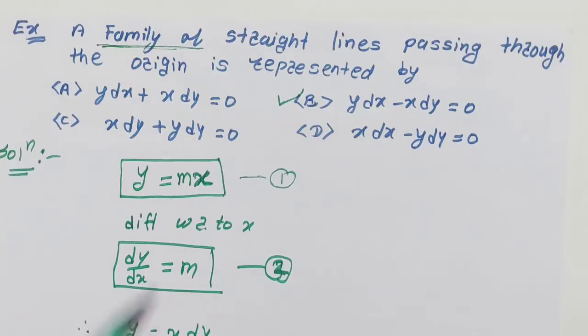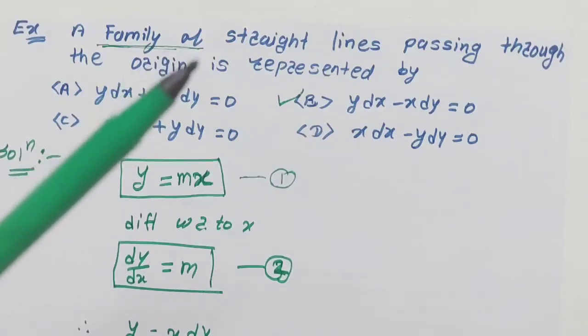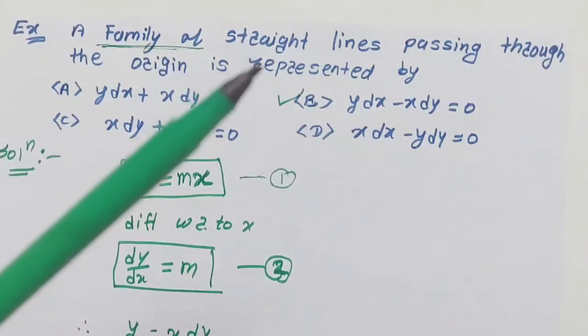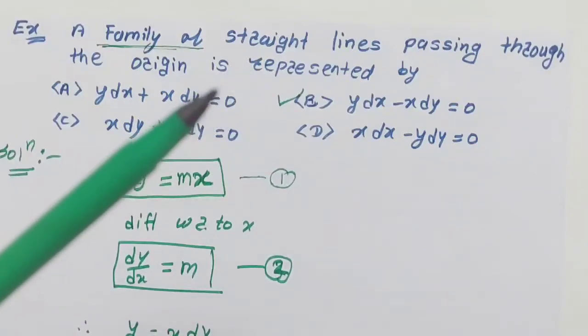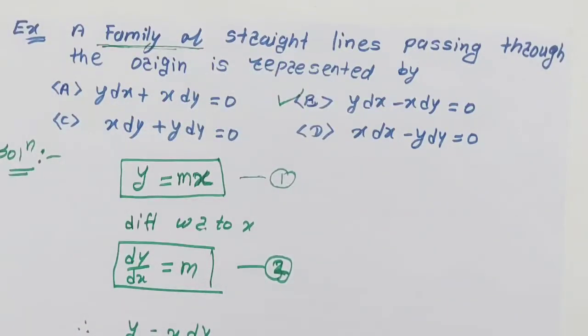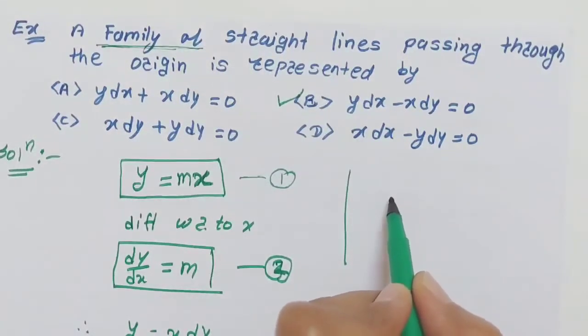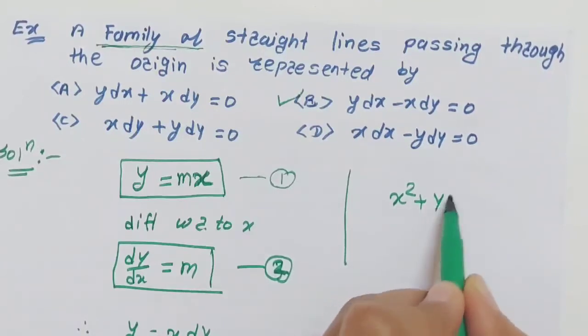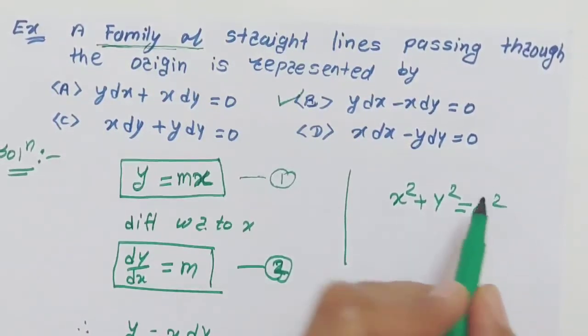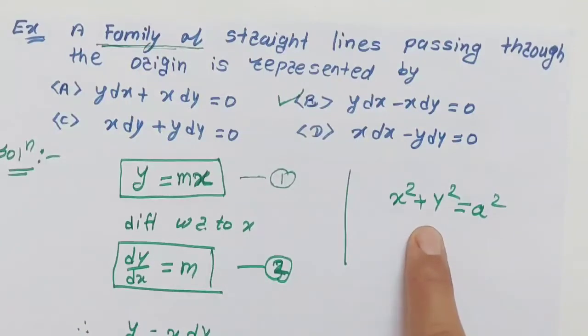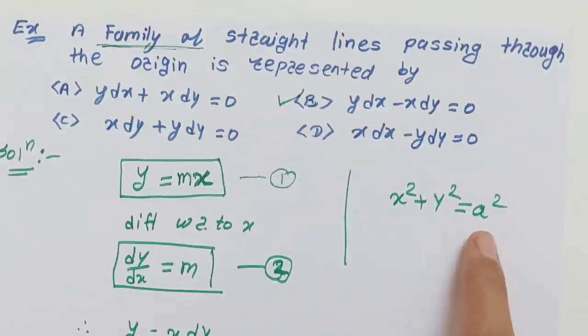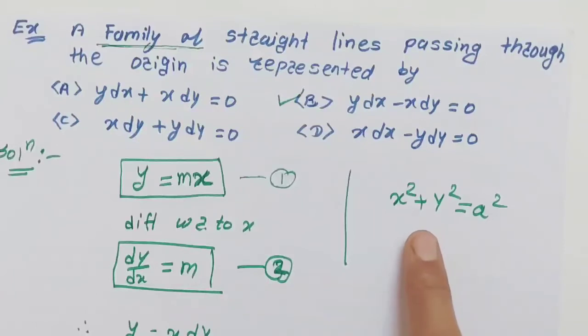Suppose instead of this straight line, if it is written family of circles whose center is origin, then formulate the differential equation. Then the general form of circle whose center is 0, 0 is x square plus y square is equals to a square. So this is the equation of circle whose center is 0 and radius is a. If we change the value of a, then we get different circles, that is a family of circles, and all the circles have center 0, 0.